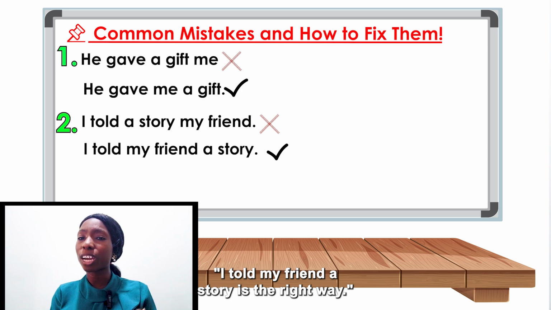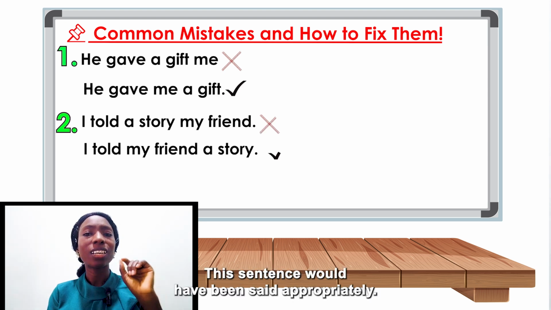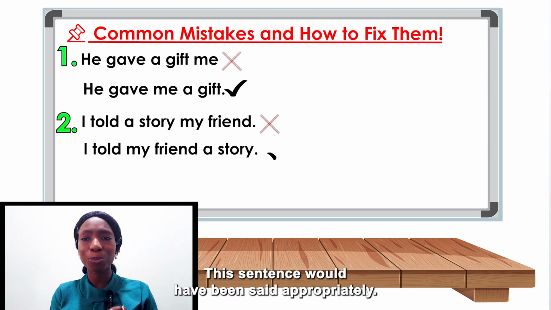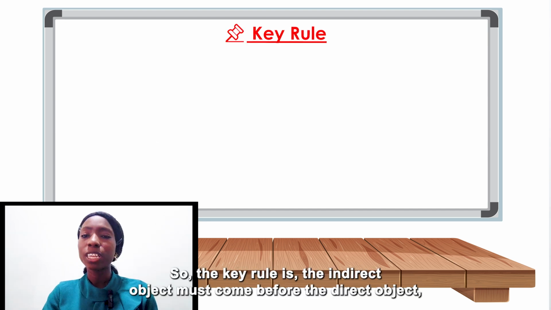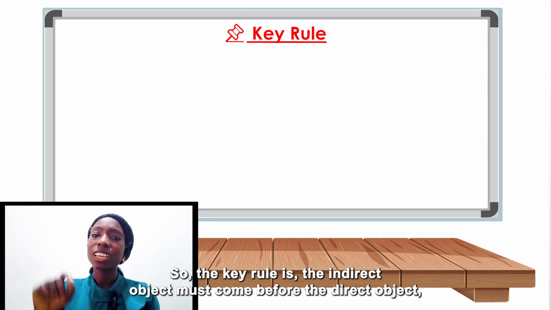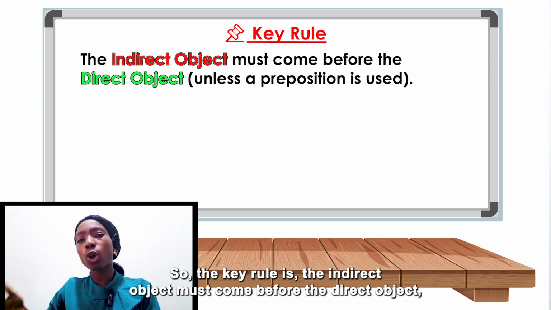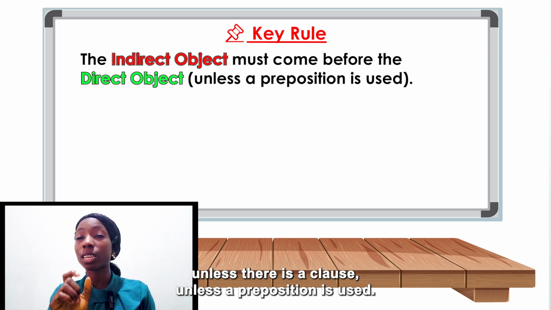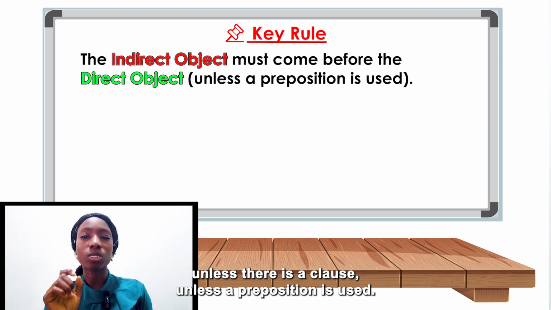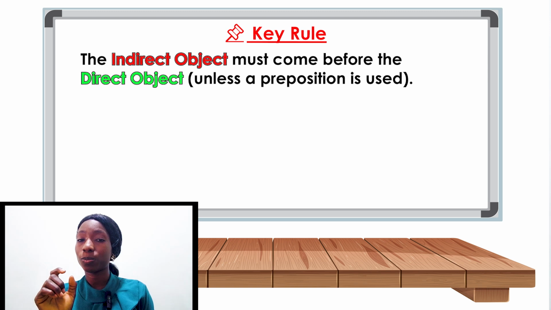I told my friend a story is the right way this sentence should have been said. So, the key rule is the indirect object must come before the direct object, unless a preposition is used.